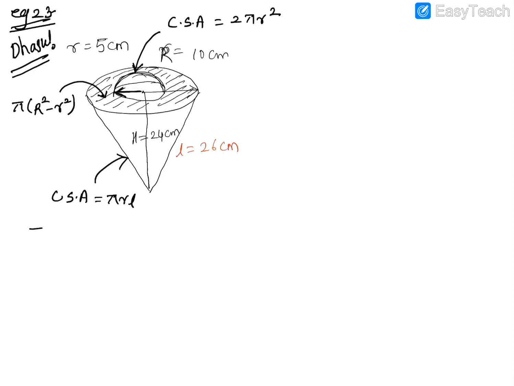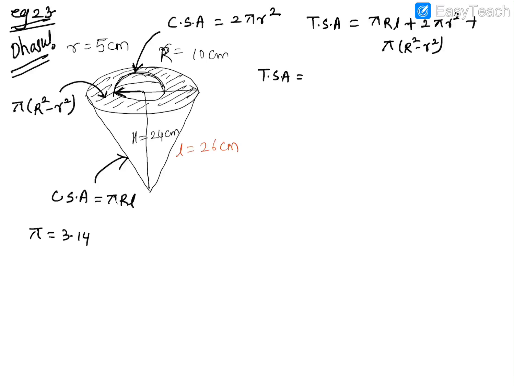Again, you're given pi is equal to what? 3.14. So it's going to be a little tough to solve it. So let's try. What will be the total surface area? It'll be the CSA of a cone, pi RL. I need to change this r to capital R. So it will be equal to pi R L plus 2 pi R squared plus pi R squared minus pi r squared.